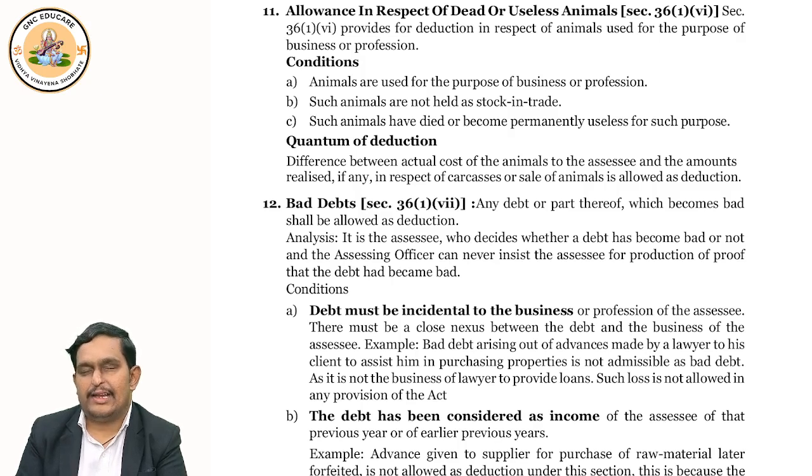You purchased the animal for 1 lakh rupees and you took the service of the animal for around 5 to 7 years. But after 7 years, the animal died. When you sold the flesh, you got, suppose, 5,000. Now 1 lakh was the purchase price, 5,000 is the sale. What is the difference? 95,000. So 95,000 you can claim as deduction here.